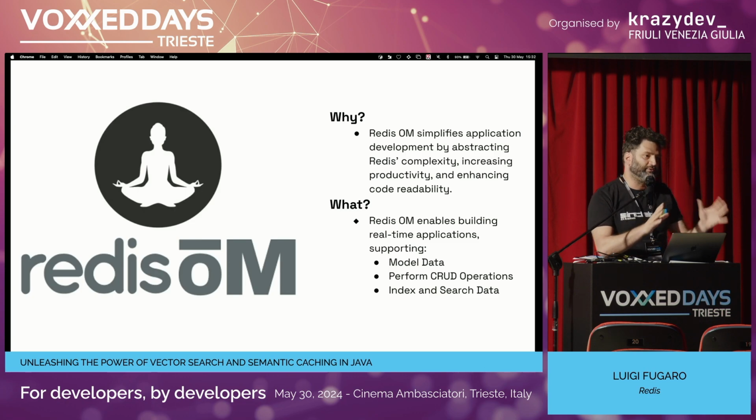So it abstracts you from all the complexity to create the index, specify if it's text, if it's numeric, if it's a vector embedding, etc. All you need to do is apply the annotations available within the framework. And then, of course, aside from the vector embeddings, you can also implement a CRUD application directly with Redis OM.